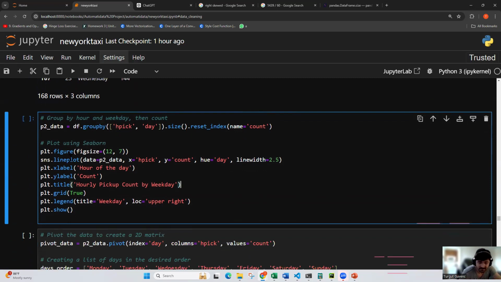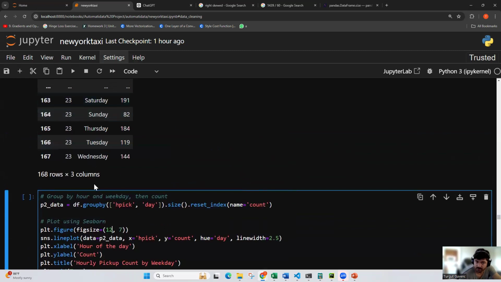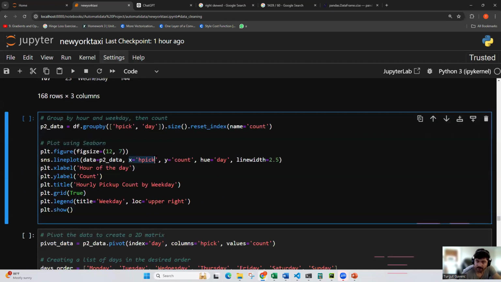This is plt.figure, which gives you a figure size. You can change this one, 12 by 7, and create a line plot. Data is this one, our data. For the x-axis, put our pick, and for the y-axis, put the count, and for hue, the day.